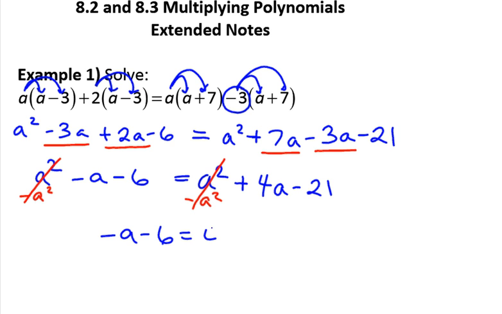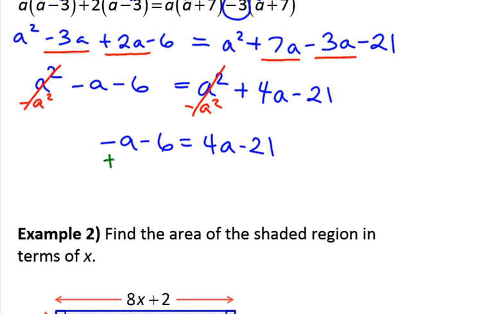So we have a on either side, so I need to move one of those. I like to keep things positive, so I'm actually going to add this a over. And so when I do that, I want to also move this 21 over, so I'm going to add 21 to get rid of the number on the right side.